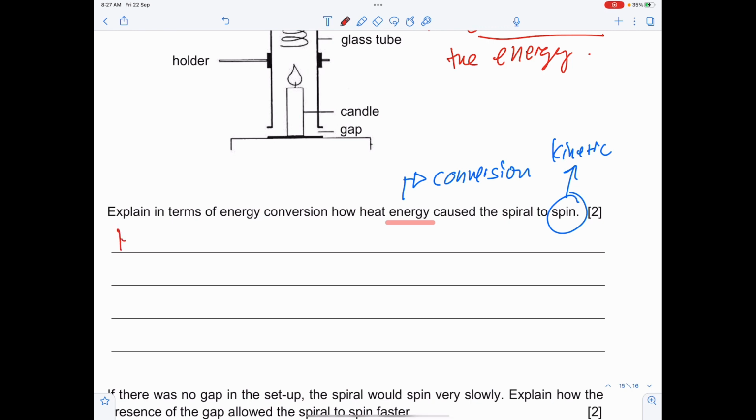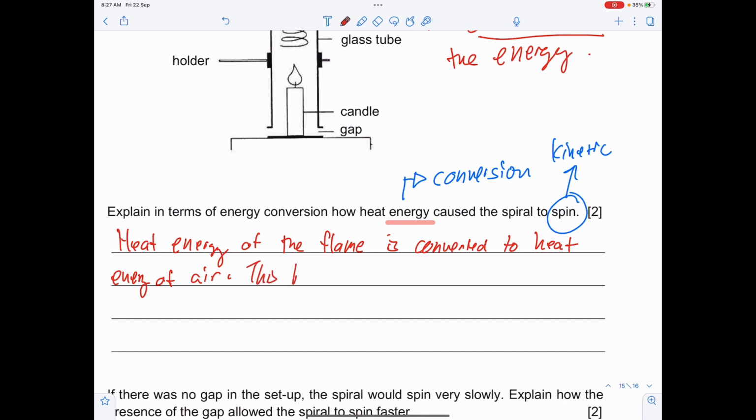Okay, so heat energy of the flame is converted to heat energy of the air. You can use transfer also.